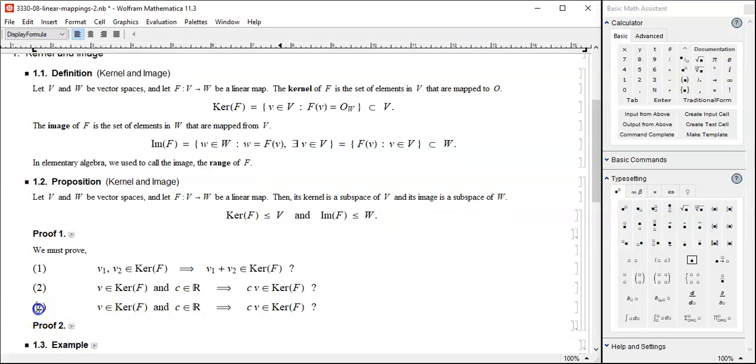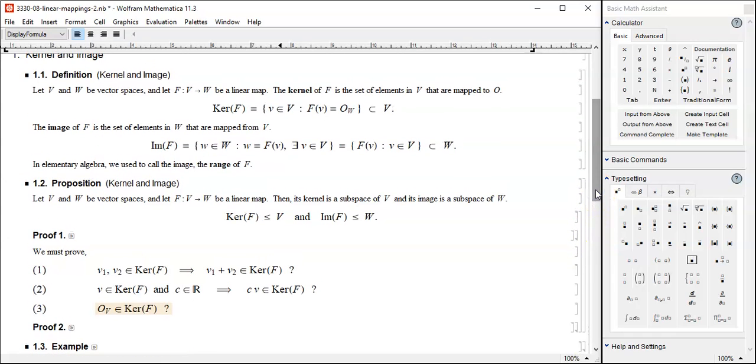And then the third. It may not be that necessary, but let's do it anyway. Does the 0 vector belong to kernel? Here, the 0 vector in vector space V, to be a little bit more precise. So let's prove these three. The third is not really necessary, but let's do it anyway. It's the easiest, so let's start from here. Now, what do you mean by some vector belongs to the kernel? It must satisfy this: f of that vector has to be a 0 vector.